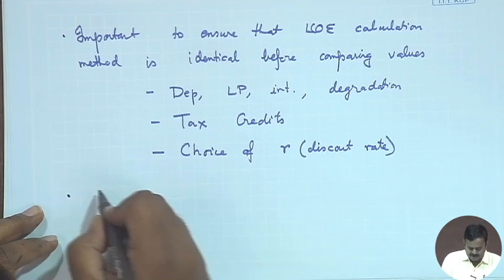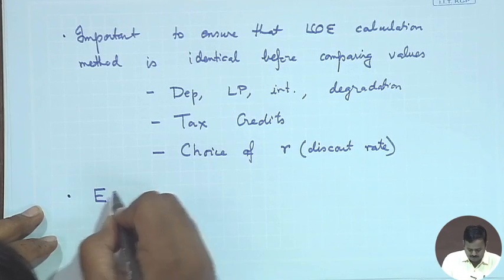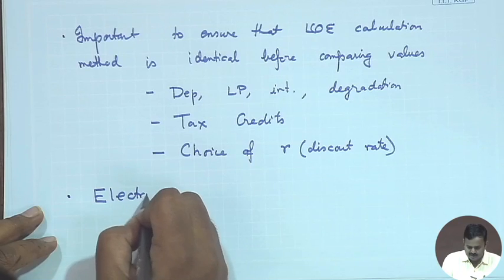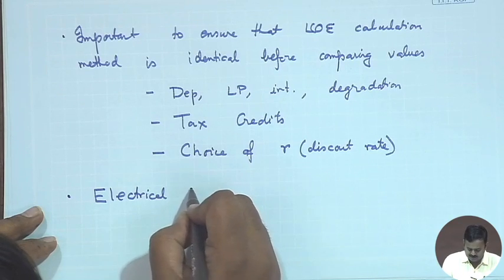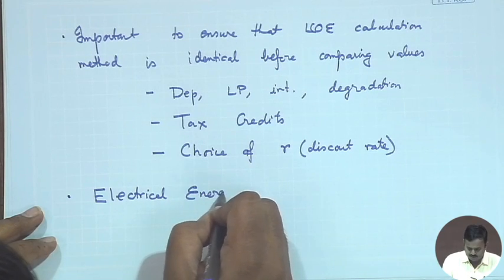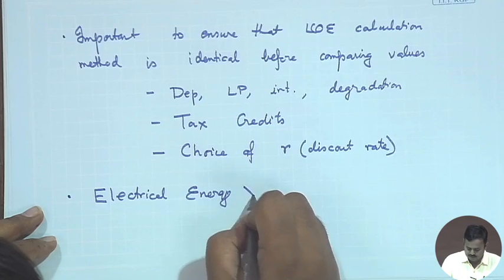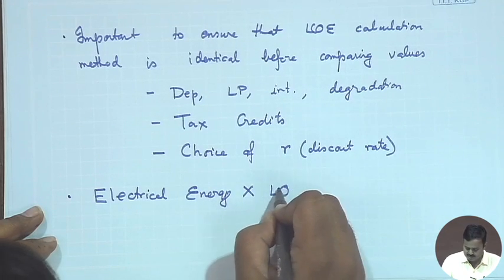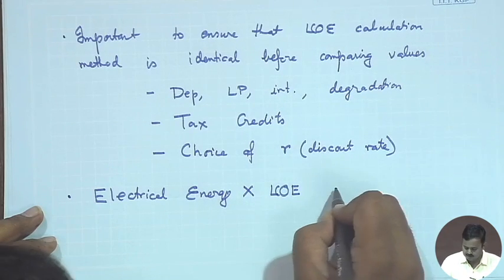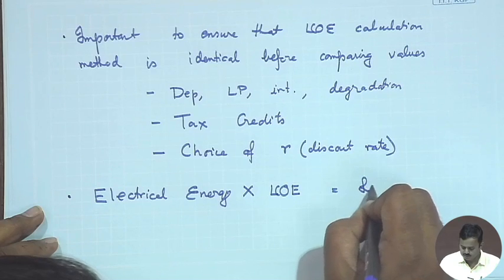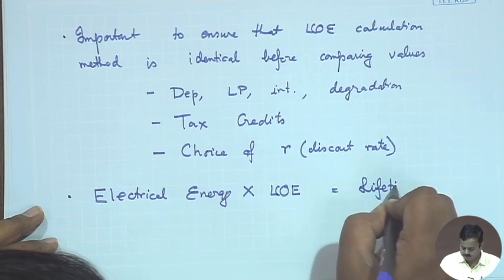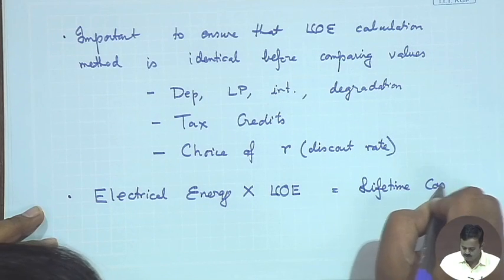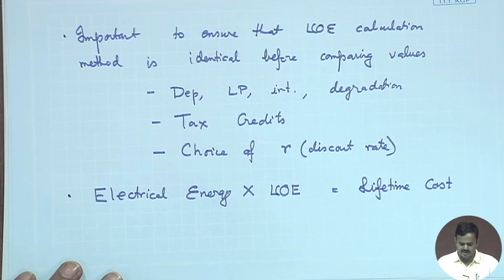So, now if I write electrical energy times LCOE is equal to lifetime cost, right. So, what is this going to be?